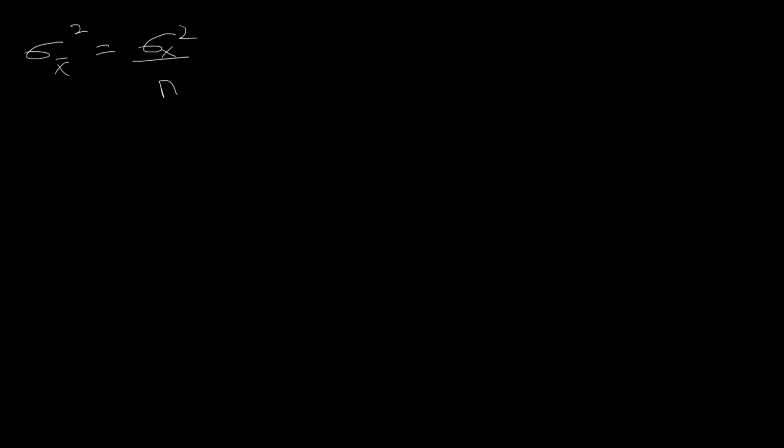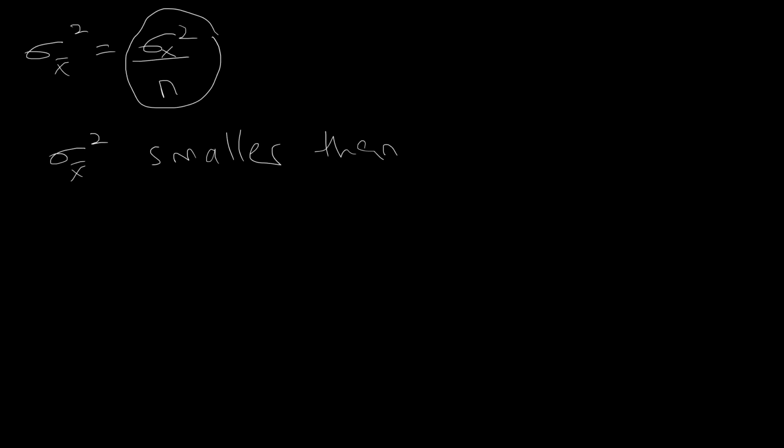Now notice that this number over here is going to be smaller. So therefore, we have proven that the variance of the distribution of x bar is smaller than the variance of the distribution of x, because we're dividing it by n. So obviously, this is going to be smaller than sigma squared x.